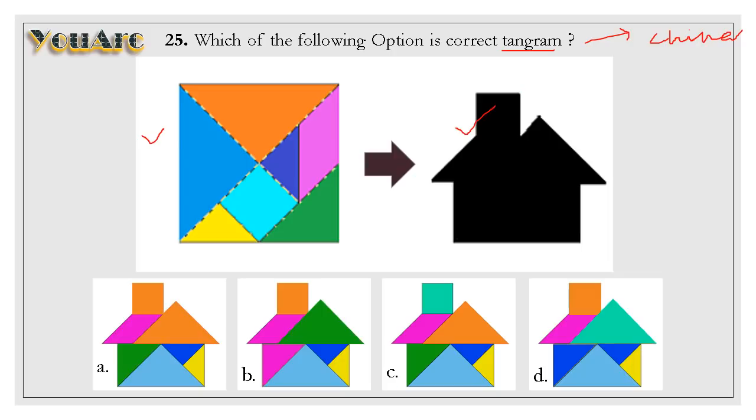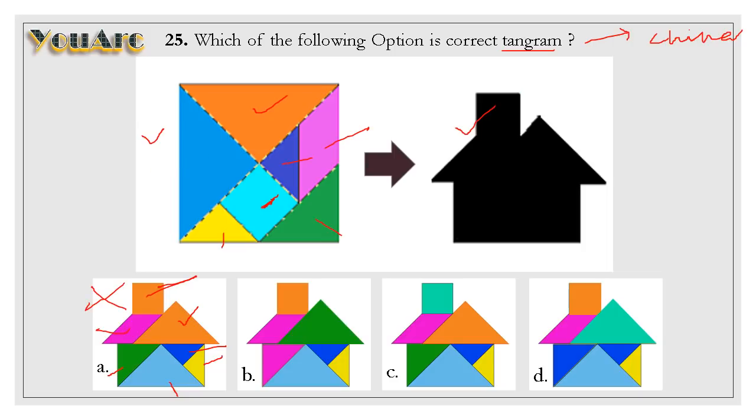So let's see option A. We can see this triangle here, that is here, done. And we can see this parallelogram is here, triangle coming here, yellow triangle small one, yes, and blue triangle here, and green one here, yes, everything is getting matched. Okay, square, it is in blue color, here it is in orange color, so this is the wrong option.